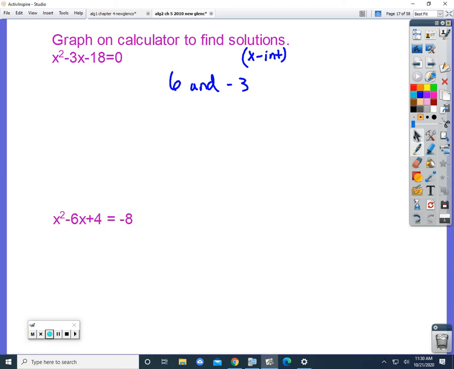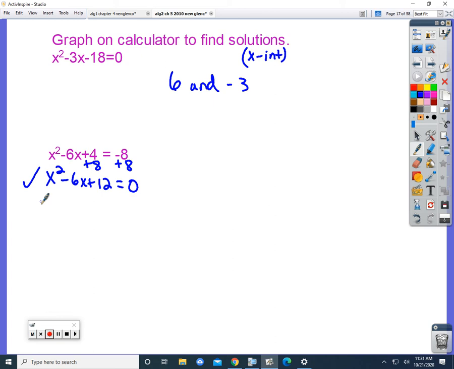Now on this problem, we've got a little bit of an issue. This is not equal to 0. Since it's not equal to 0, we have to do some algebra on this problem to get it fixed. So I need to bring this -8 back over here because I want it set equal to 0. So if I add 8, then I'm going to get plus 12 there.